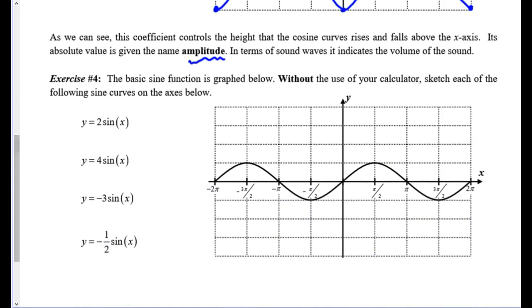What I'd like you to do in terms of practice is work out this one and this one. Actually, I changed my mind. Let's have you do this one. So positive 2 sine x and negative 1/2 sine x. I'd like you to put those both on the same axes and then play the recording to check your answers.